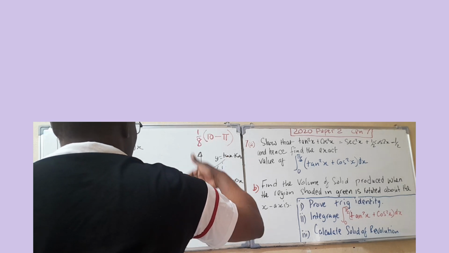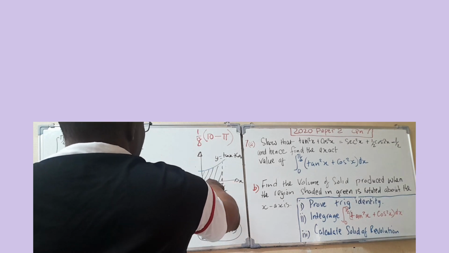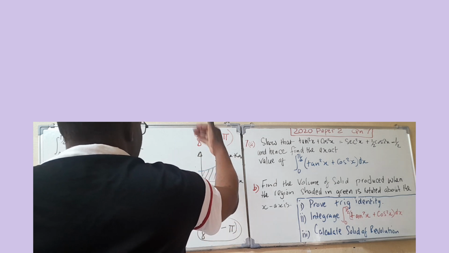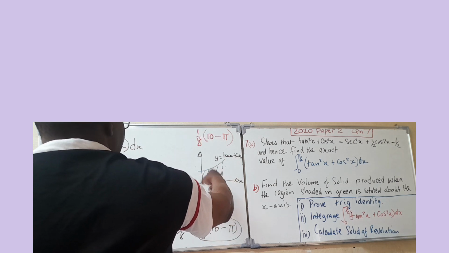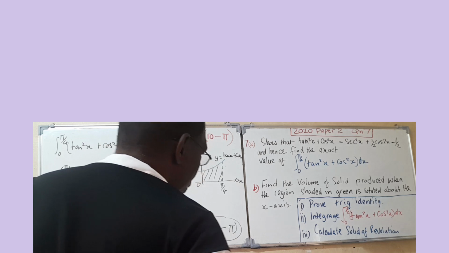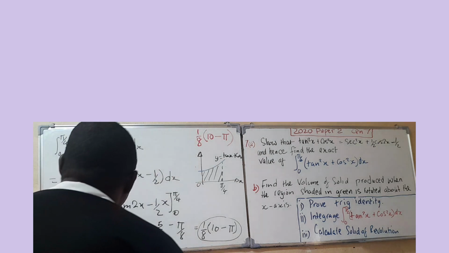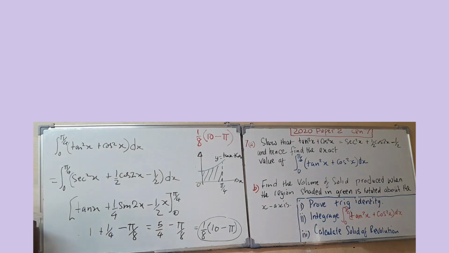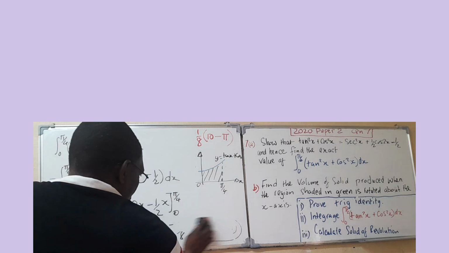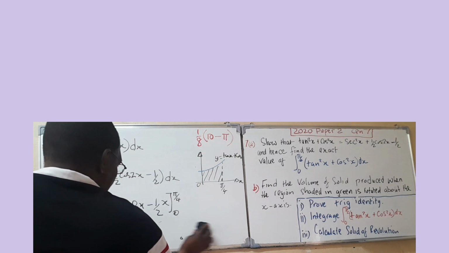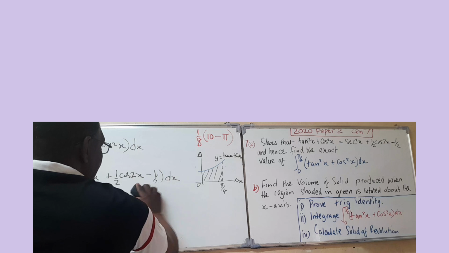Now you want to revolve the region about the x-axis. What is the volume of the solid so produced? Right. Okay, let's clear our board first of all. How do you calculate the solid of revolution?